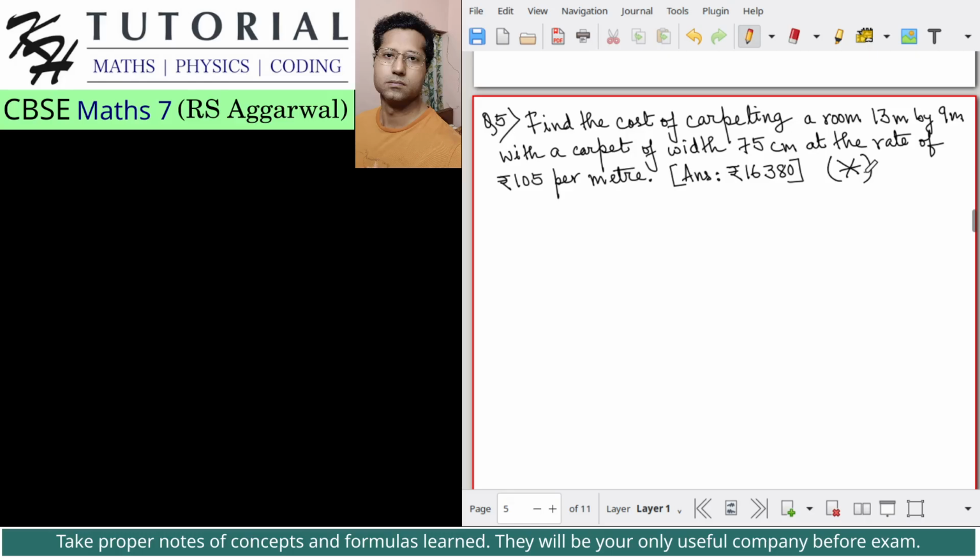So what it is asking is to find the cost of carpeting a room 13 meter by 9 meter. For the room, the length is given to be 13 meter and the breadth is 9 meter.